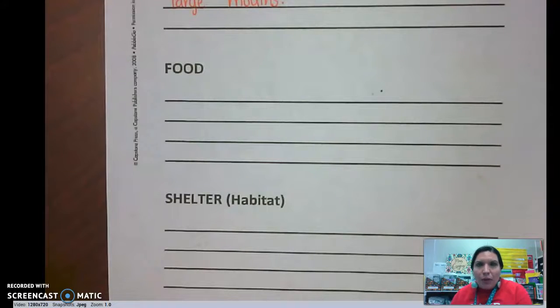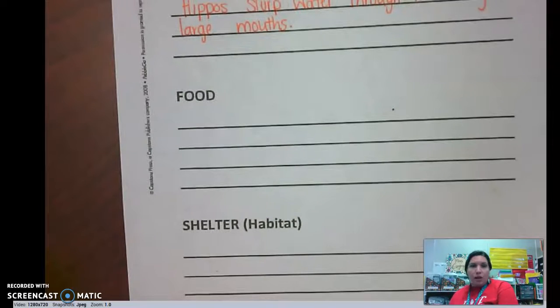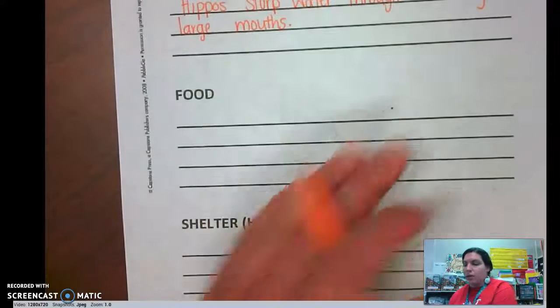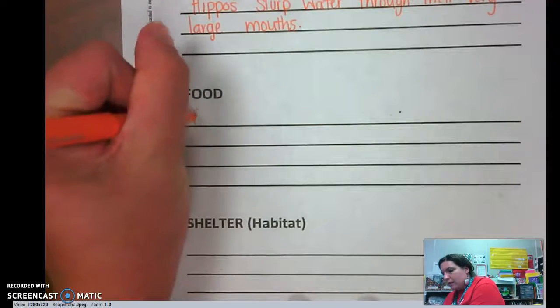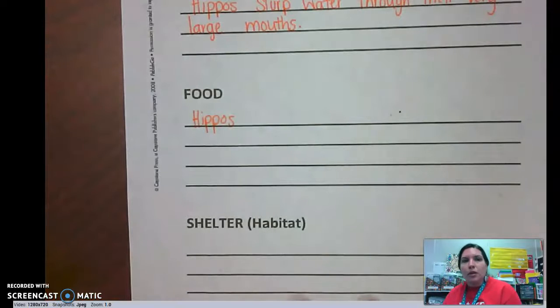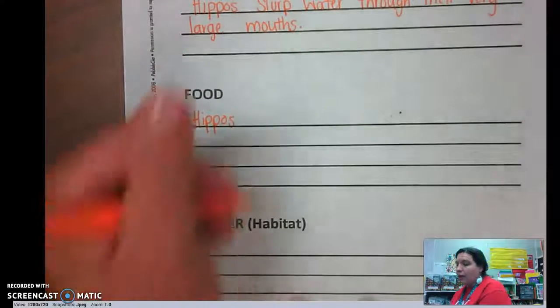Did you know that hippos eat up to 6 hours a day? They spend tons of time eating, and they eat 80 pounds of grass in a week. That's crazy. So I'm going to write, hippos spend up to 6 hours eating grass. I told what they eat, but I also told a little bit more information about it, and remember I'm using a capital letter.